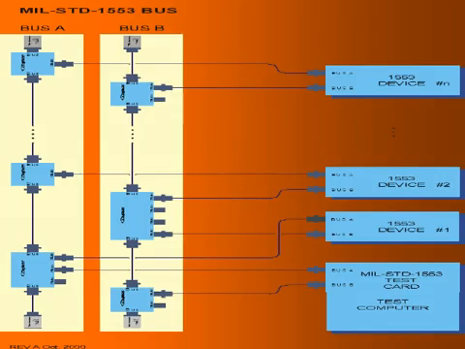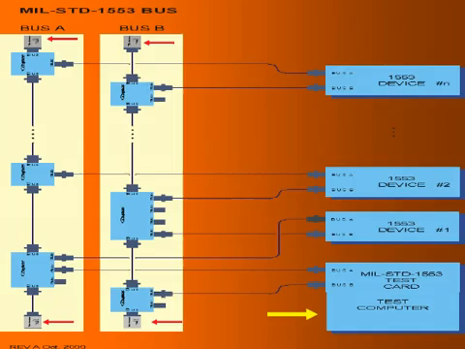This is a diagram of a 1553 network. The network contains a bus controller shown as a test card and a number of RTs. On the far left is bus A with terminators on the very top and bottom, and a number of couplers in the middle.